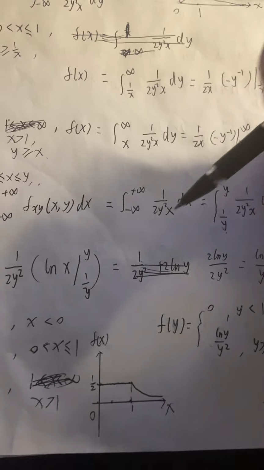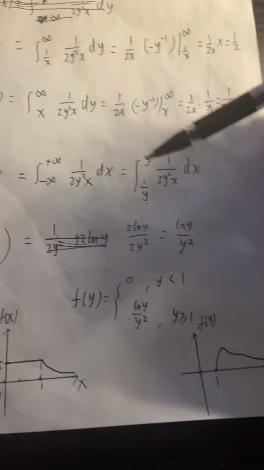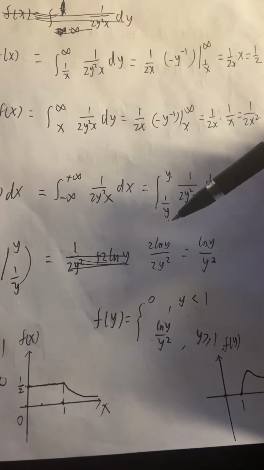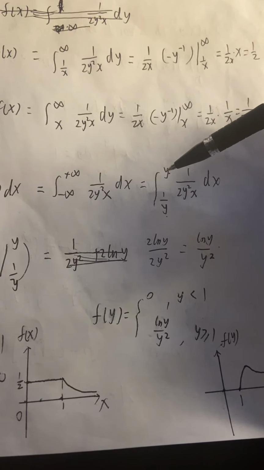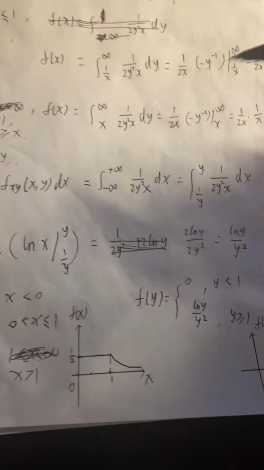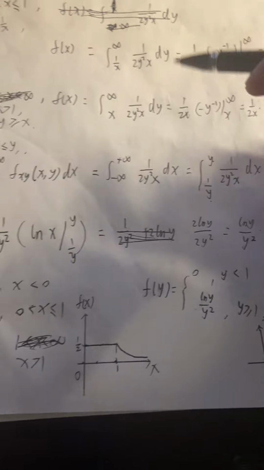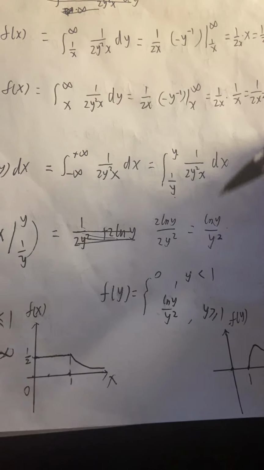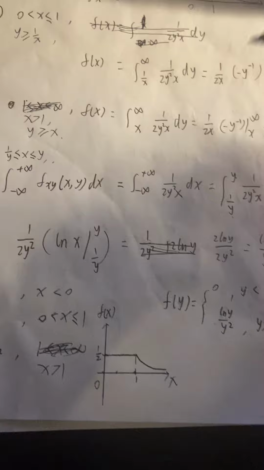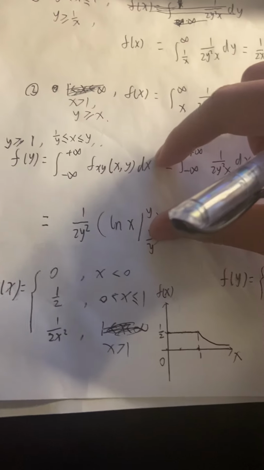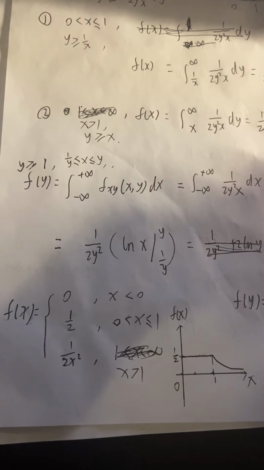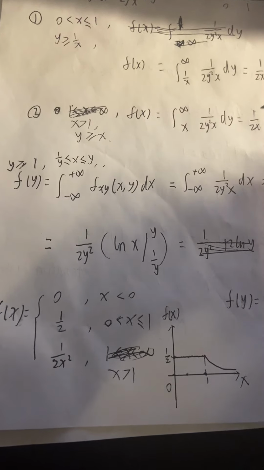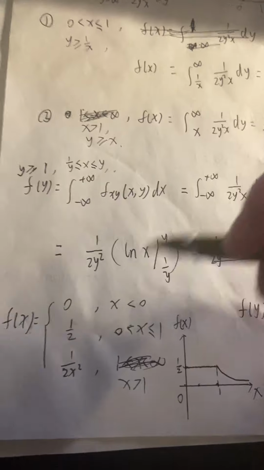So for the integral, the lower bound of x will be 1 divided by y, and the upper bound will be y. So we can calculate this integral, and the final result will be ln of y divided by y squared. So now we have our marginal density functions f x, f y.